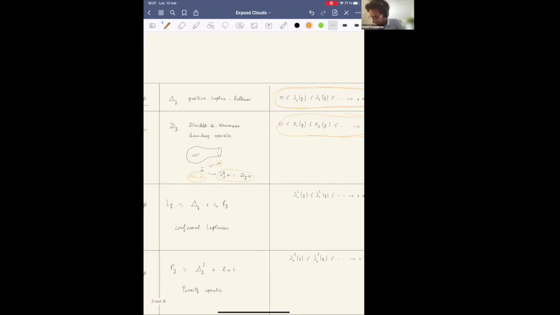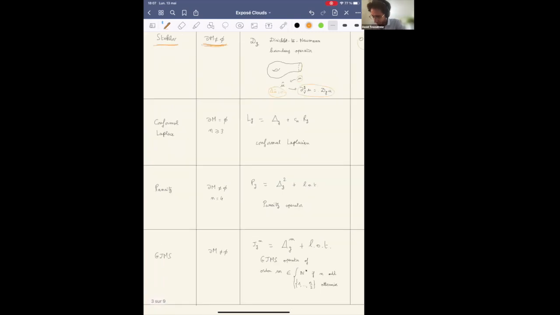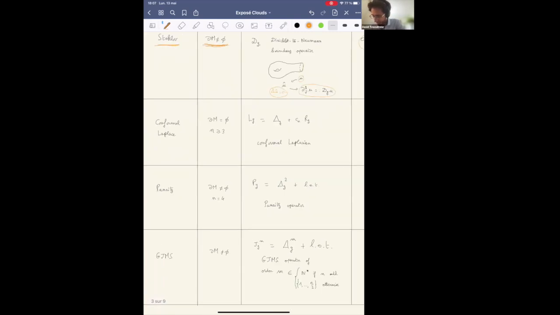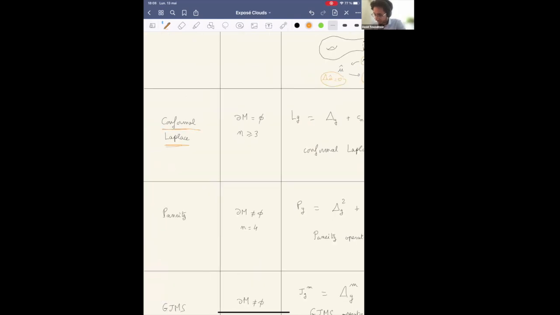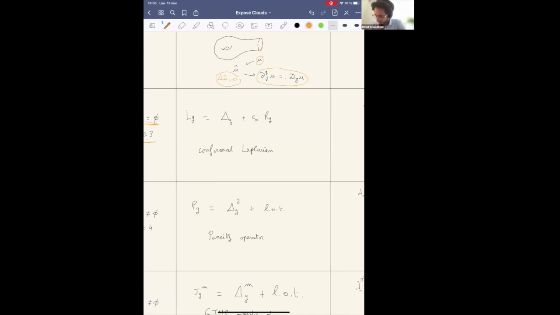Most of you know this context, and there are three other spectra that I'd like to mention here. The first one is, in the case of a closed manifold of dimension n ≥ 3, the conformal Laplacian. It is a perturbation of the Laplace-Beltrami operator, perturbation by some constant c_n, which has 1 over n−2 in its definition.